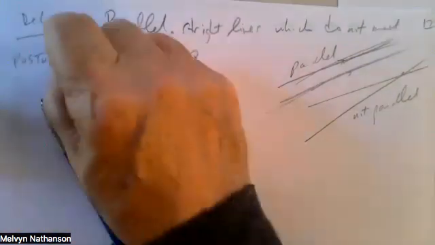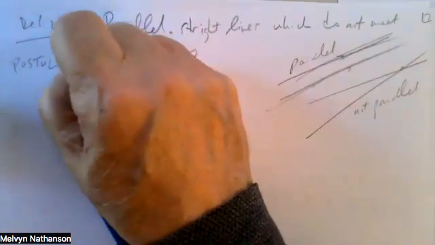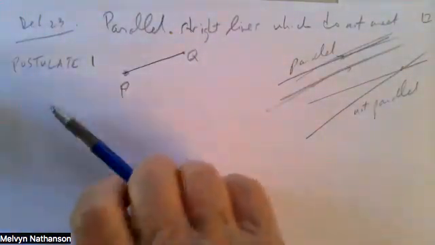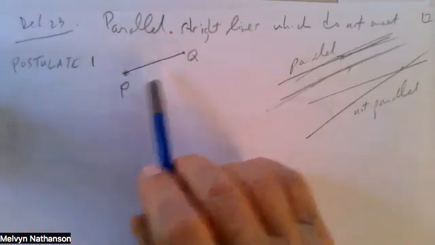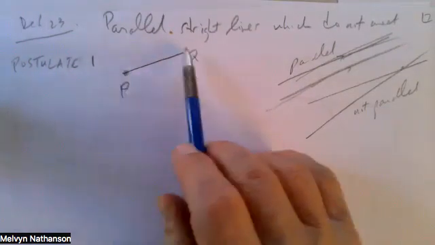Postulate 1 says it is possible to draw a straight line, or if you like, a straight line segment from any point to any other point.